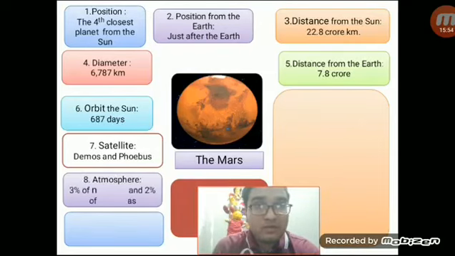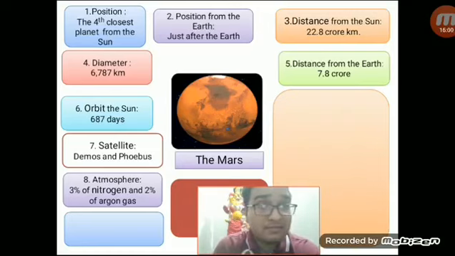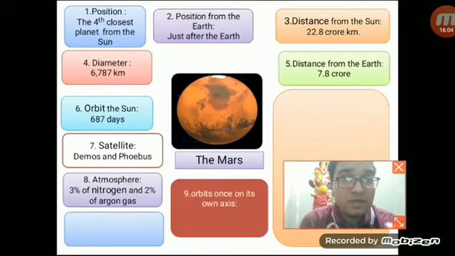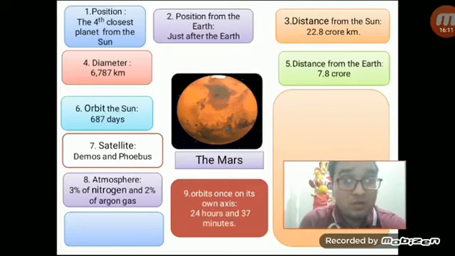Then atmosphere: the atmosphere consists of 3% nitrogen and 2% argon gas. Orbits: to orbit once on its own axis it needs 24 hours and 37 minutes.